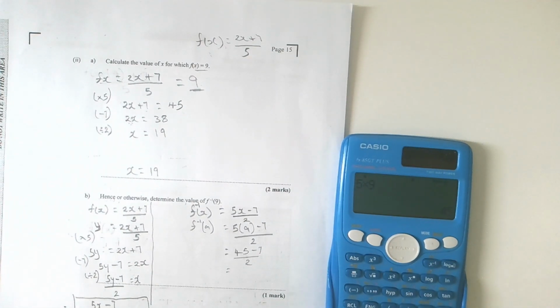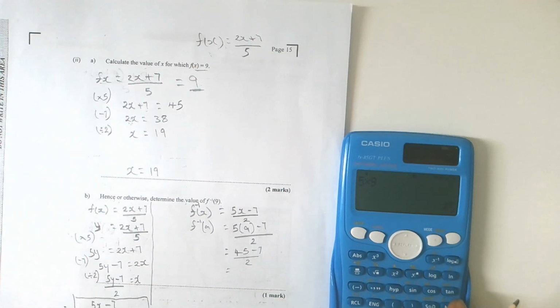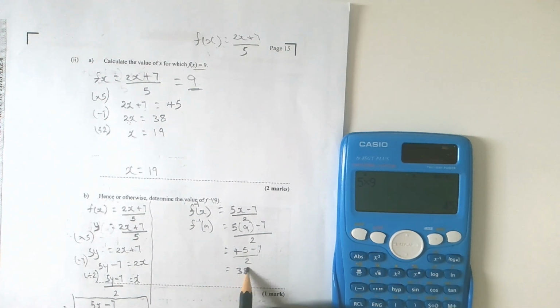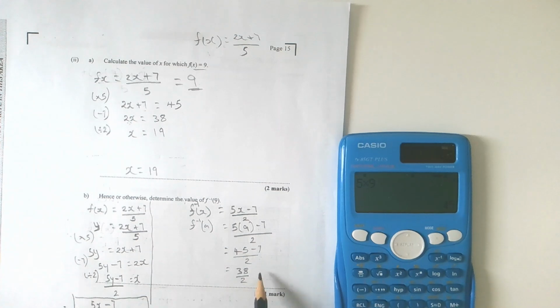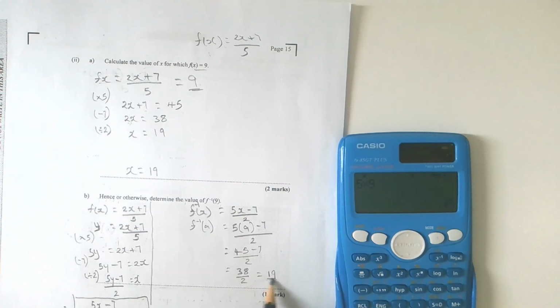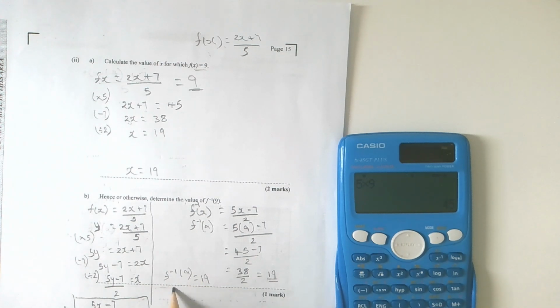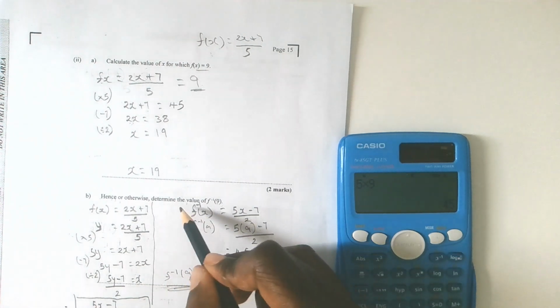So 45 minus 7 gives us 38. And that's divided by 2. 38 divided by 2 gives us 19. So our f inverse of 9 gives us the same value, 19.